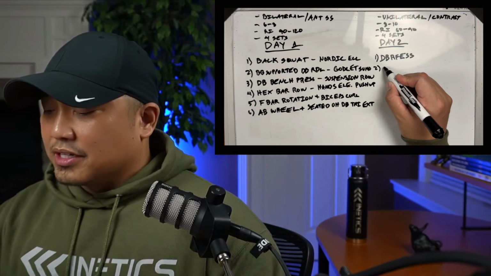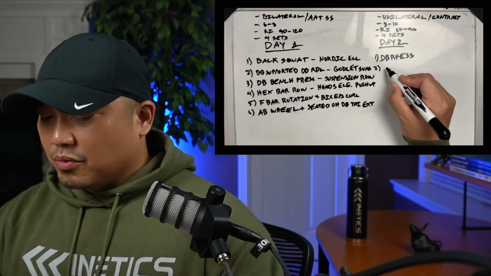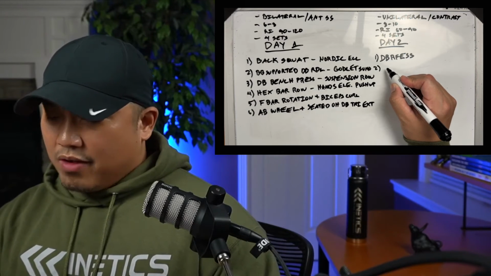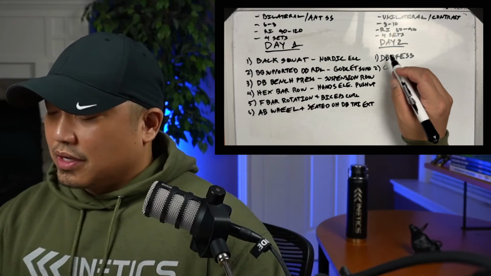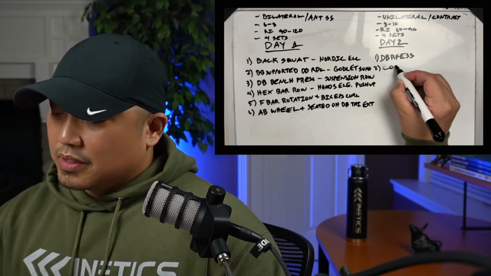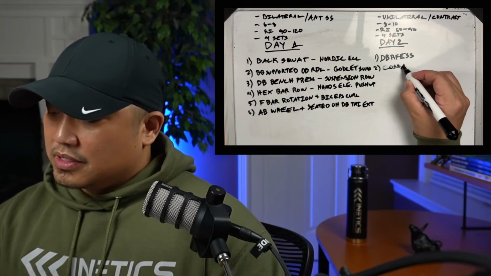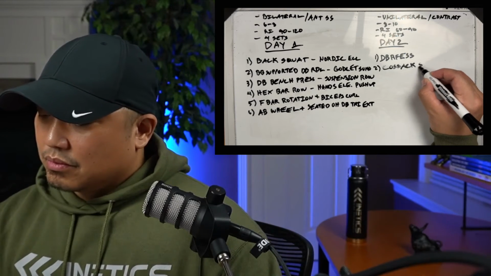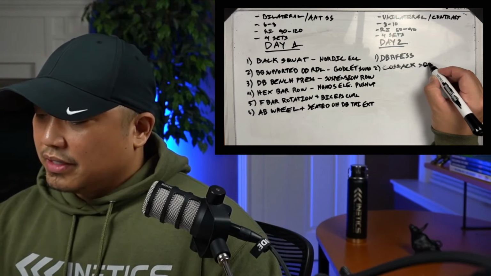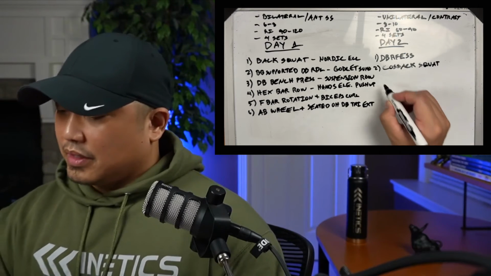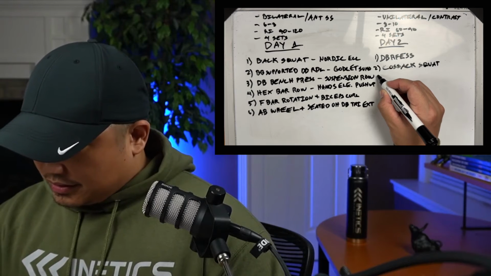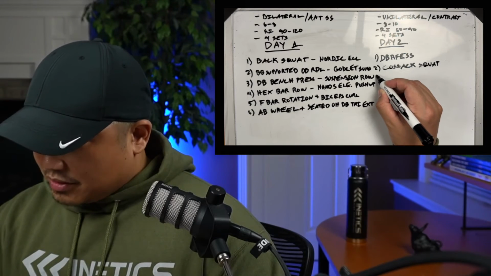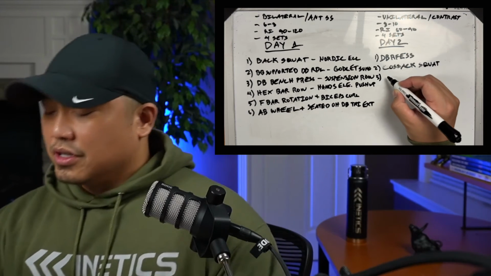We can come back to that hinge a little bit later because I don't see any real frontal plane movements here. Let's go with the Cossacks. Cossack squat. Man, I'm running out of ink. Okay, so that's good there. Cossack squats.